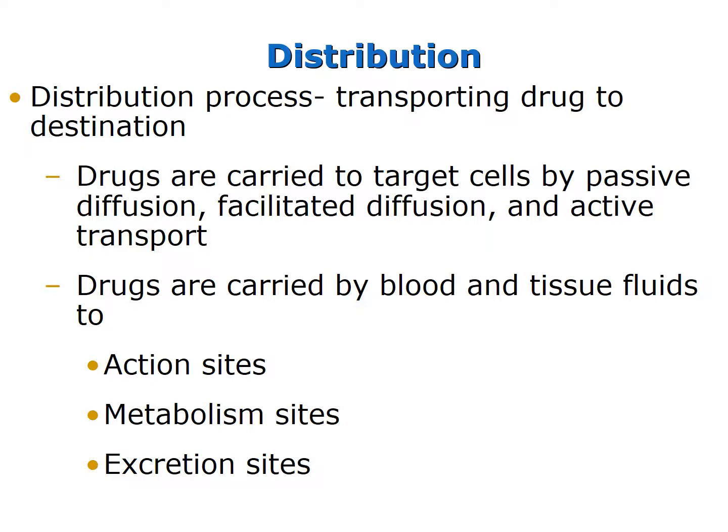Just think about swimming upstream in a river, and it of course is going to require more energy. Passive diffusion is the most common, when a drug moves from a higher concentration to a lower concentration. Drugs are carried by the blood and tissue fluids to the action site, also to the metabolism site, and then also to the excretion site.